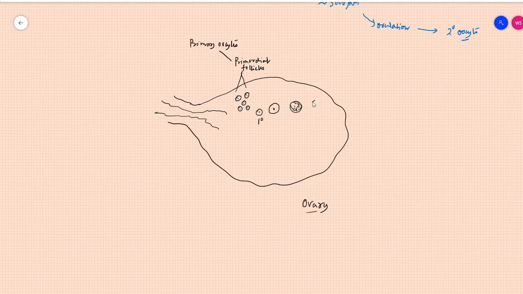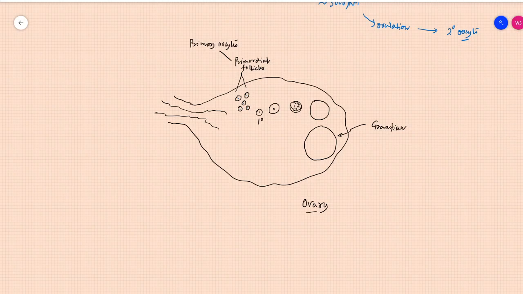Then that becomes bigger, and it becomes still bigger. Okay, so that's a mature follicle that we call, what's it called? It's called a Graafian follicle. Okay, and then what happens?